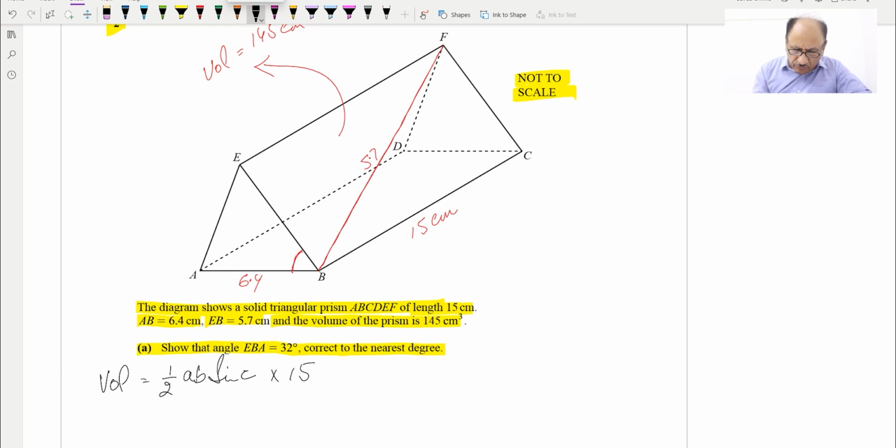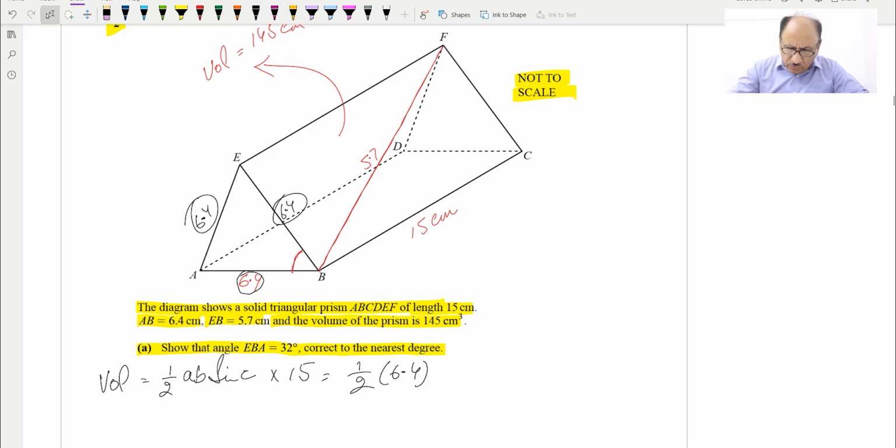So this will be the volume of the prism, 1 by 2 into AB, which is 6.4.